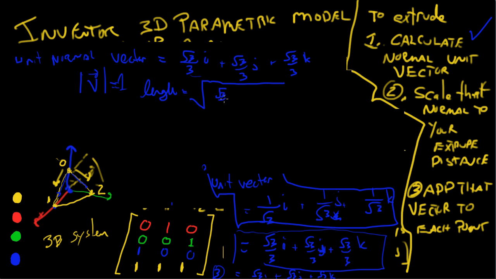The square root of 3 over 3 squared plus the square root of 3 over 3 squared plus the square root of 3 over 3 squared, which is equal to 3 ninths plus 3 ninths plus 3 ninths. Square root, which is equal to the square root of 1, which is equal to 1.